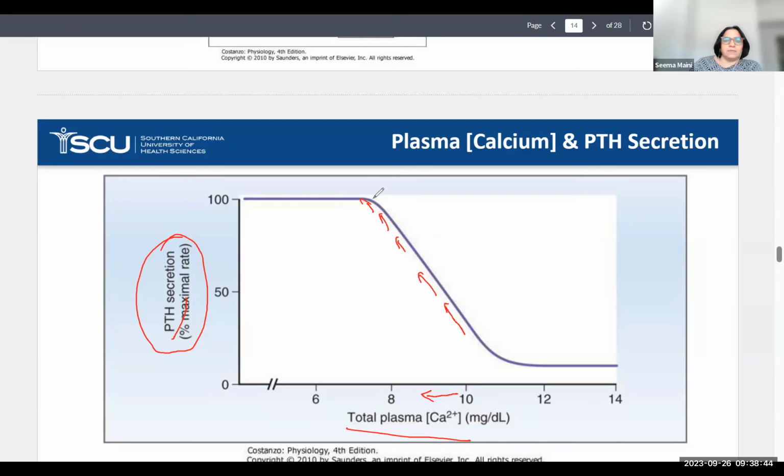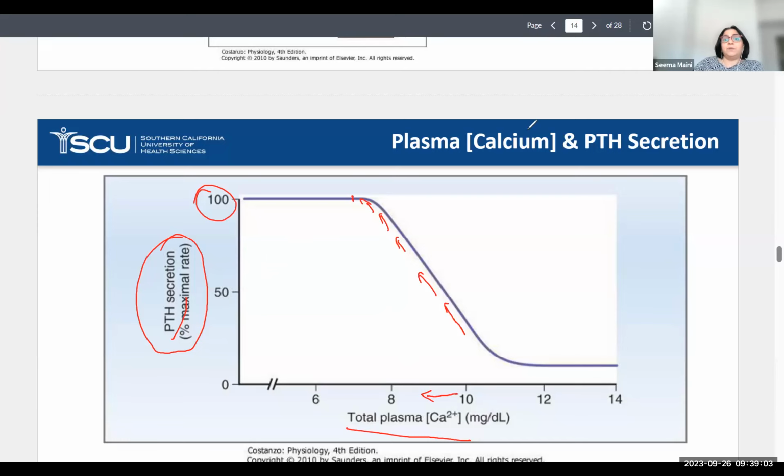Beyond 8 milligram per deciliter, there is a 100% increase in the parathyroid hormone secretion. So as plasma calcium levels decrease, there is an increase in PTH secretion from the parathyroid gland.